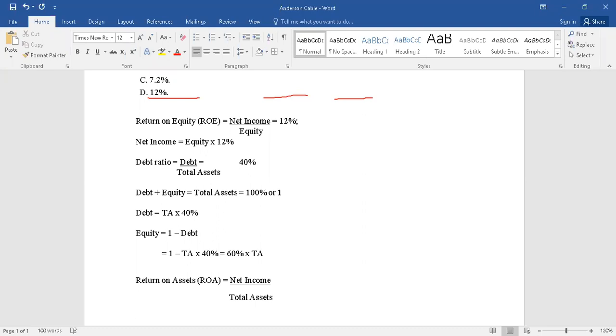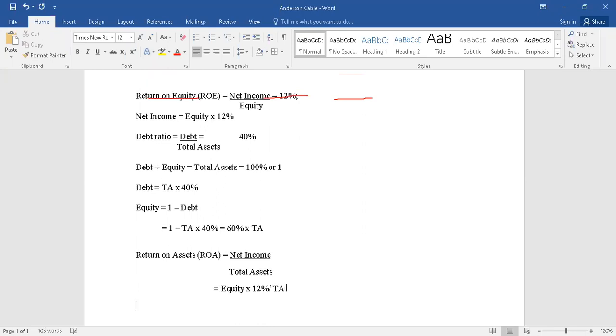So let's substitute the values. Net income, we have it as equity into 12%. The whole thing divided by total assets. I'm just writing it in one equation, one line. It is equal to equity. We have equity as 60% of total assets.